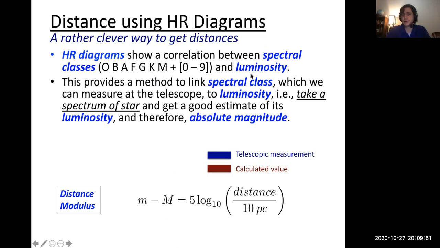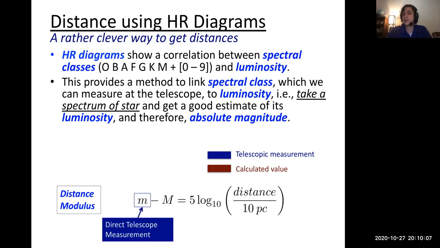And we're going to use this to develop a new way to determine the distances to the stars with only a couple of telescopic measurements. Go out, pick a star in the sky and do a photometric measurement. Just measure how bright the star is to determine its apparent magnitude. You can then use a spectrometer to measure the spectrum of that star.